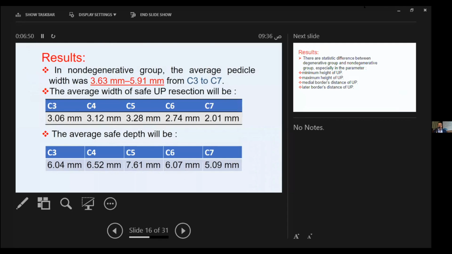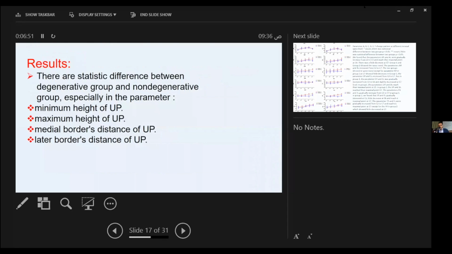The results show a statistical difference between the degenerative and non-degenerative groups, especially in these parameters: minimum height of the uncinate process, maximum height of the uncinate process, medial border distance of the uncinate process, and finally lateral border distance of the uncinate process.